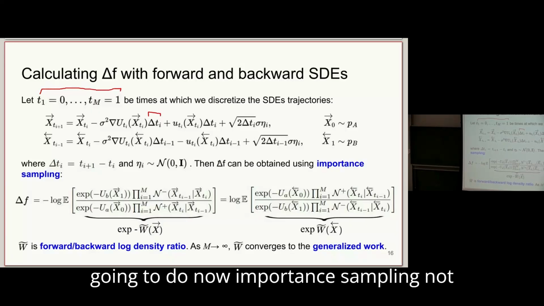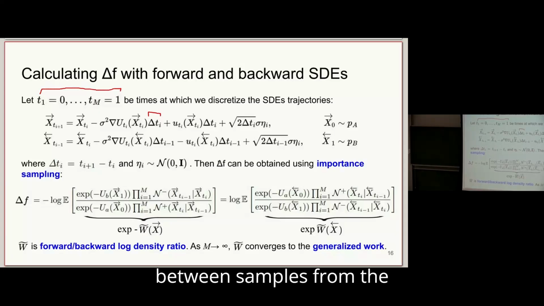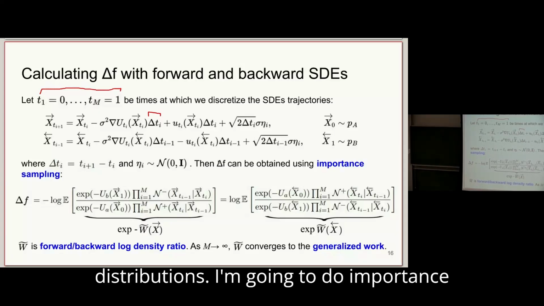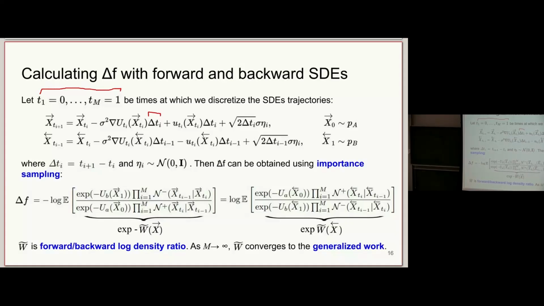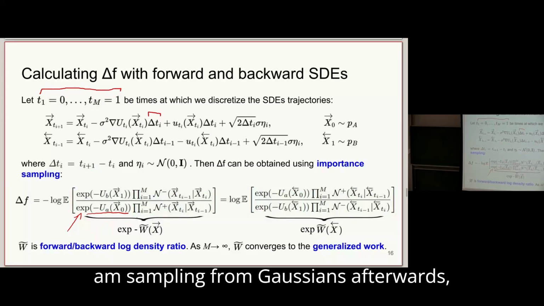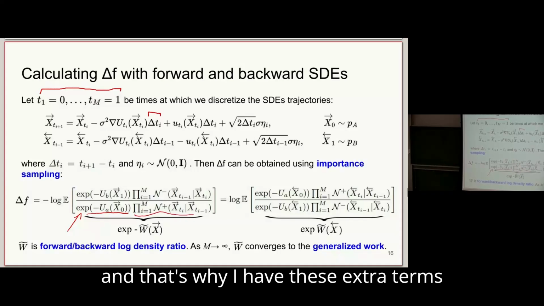Okay, I'm going to do now importance sampling not between samples from the distributions. I'm going to do importance sampling using the trajectories of the SDEs. Okay, and this is what I have here. I have now in the denominator the unnormalized density for the starting point in my forward SDE, and then I am sampling from Gaussians afterwards, and that's why I have these extra terms here.